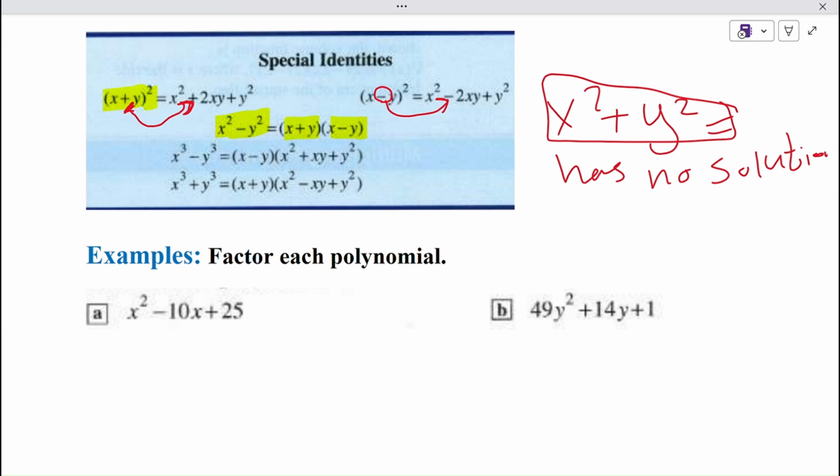Okay, what about x cubic minus y cubic? In this case, you can use a calculator for finding x cubic and y cubic. Find x cubic by your calculator, write it here, then minus y cubic, write it here.